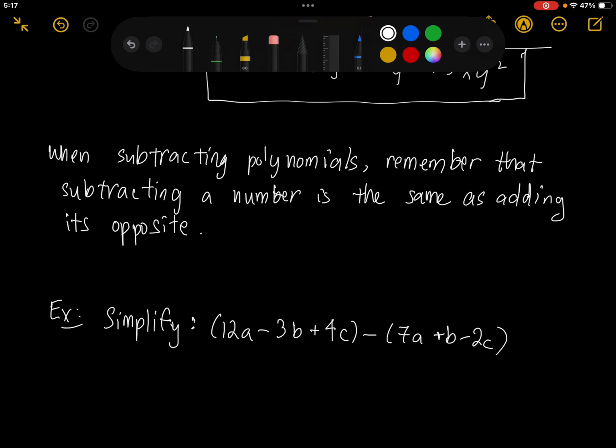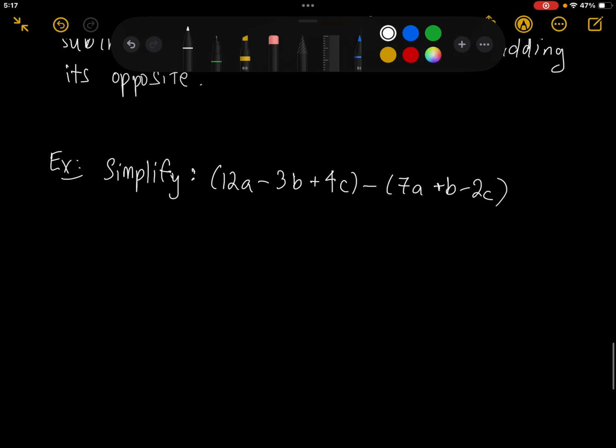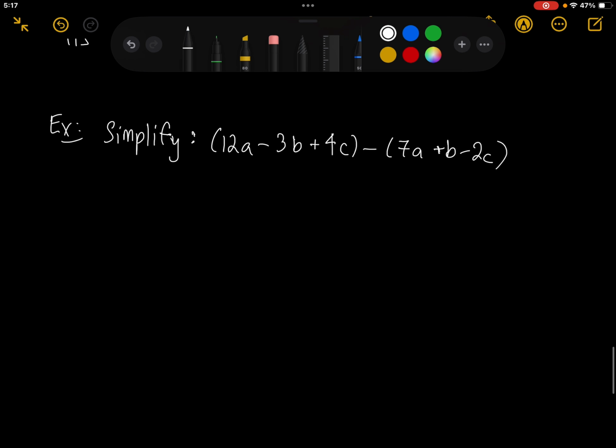So let's look at an example. Simplify 12a minus 3b plus 4c minus parentheses 7a plus b minus 2c. Okay, so we are subtracting this whole polynomial 7a plus b minus 2c.